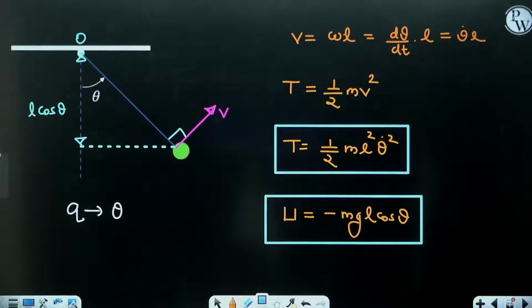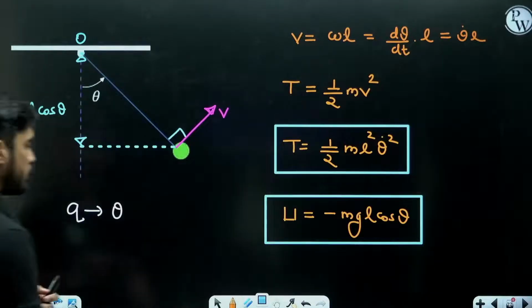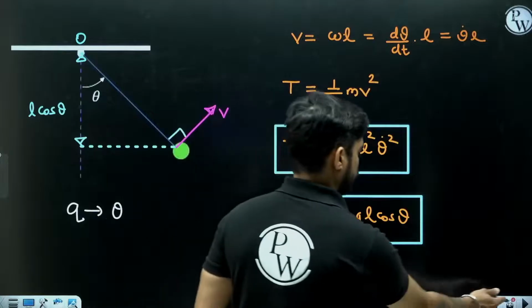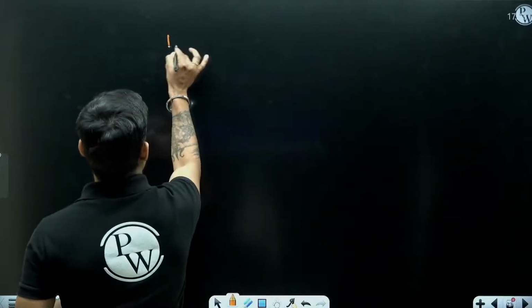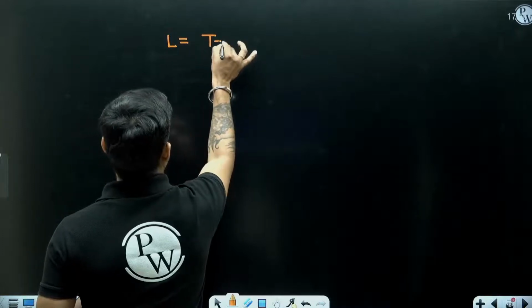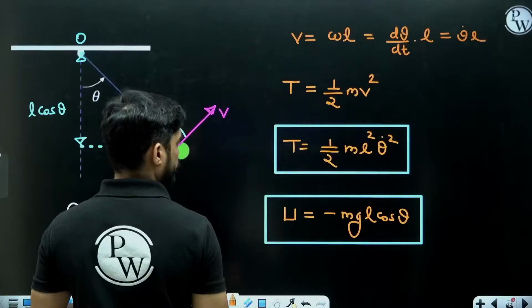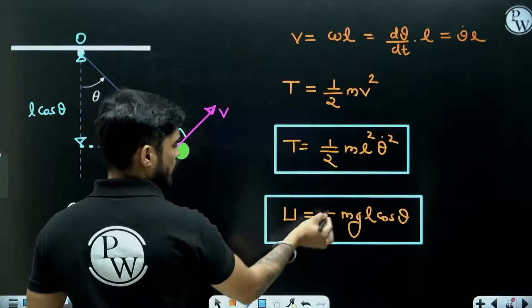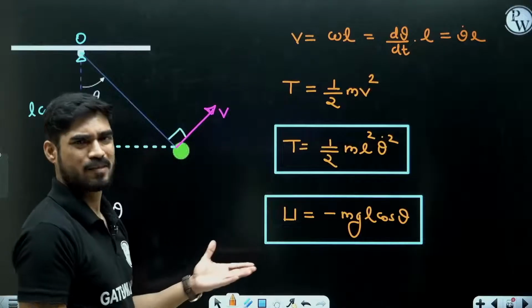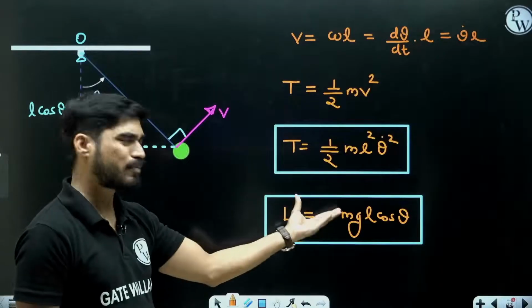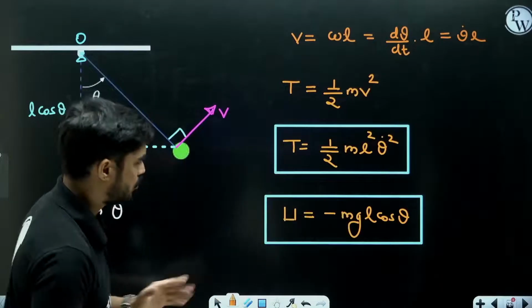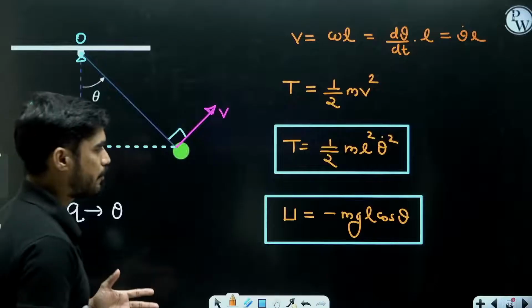Okay. Now, what will be the Lagrangian? L will be equal to T minus U. Don't worry about this sign too much. It depends upon your sign convention. It can be plus also, it can be minus also. So it doesn't actually matter too much.